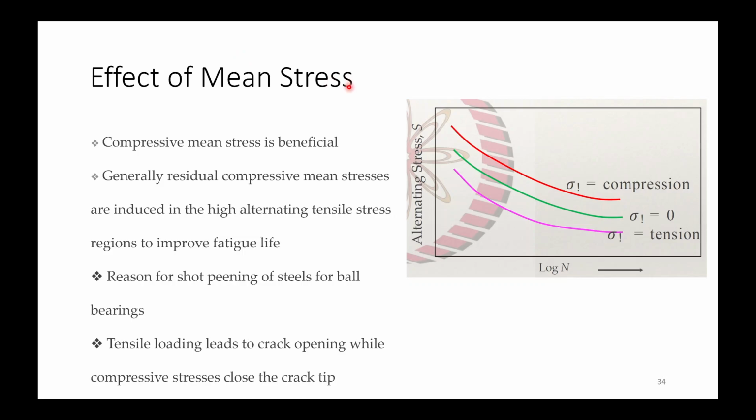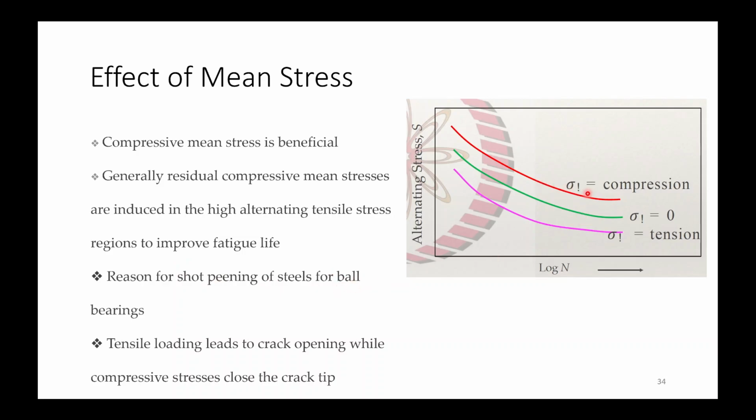Effect of mean stress. As we keep on varying the mean stress, your number of cycles is changing. In case of compressive mean stress, it is beneficial. If there is presence of some compressive stresses in surface, as I told earlier, that is the reason we do shot peening of steels in case of ball bearings.